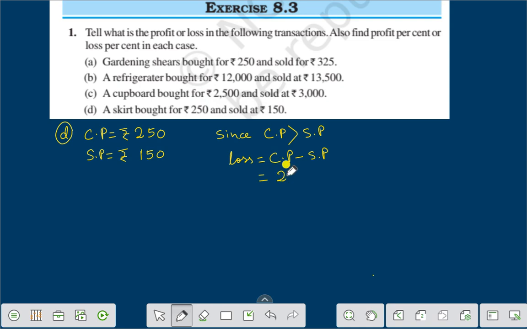Cost price is rupees 250, 250 minus 150. We subtract this one, 250 minus 150, then you are getting 100. That you are getting loss of rupees 100.